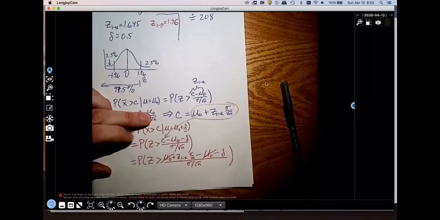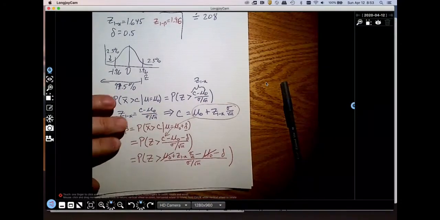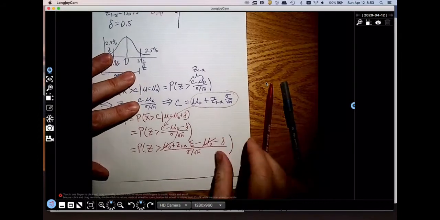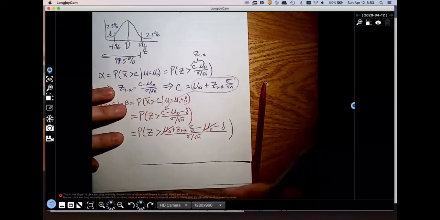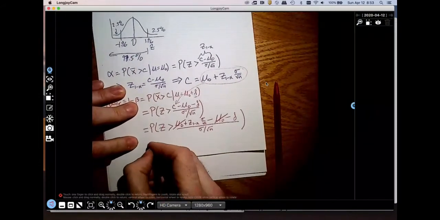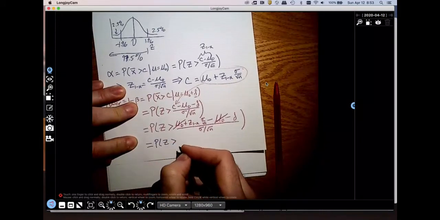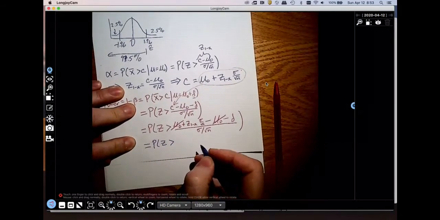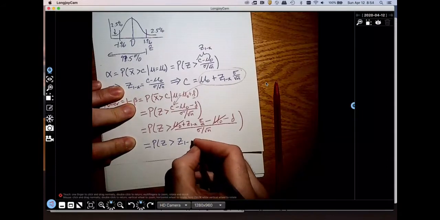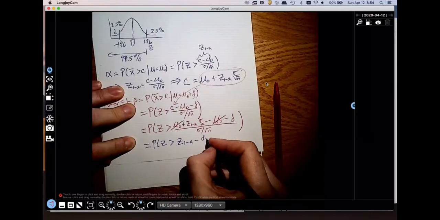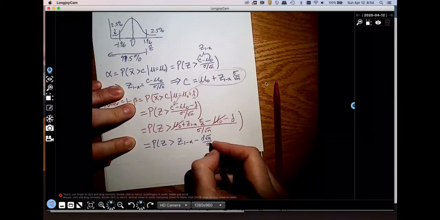So my mu naughts go away, and the sigma over root n would cross out with this one, and let's go write this out. I'm going to go back to blue. I kind of like blue a little bit better. This would equal the probability that I have a z greater than z 1 minus alpha minus delta times the square root of n over sigma.